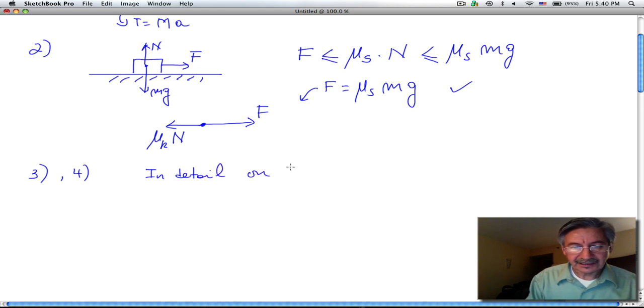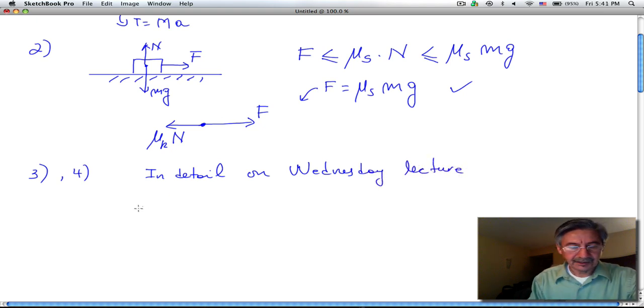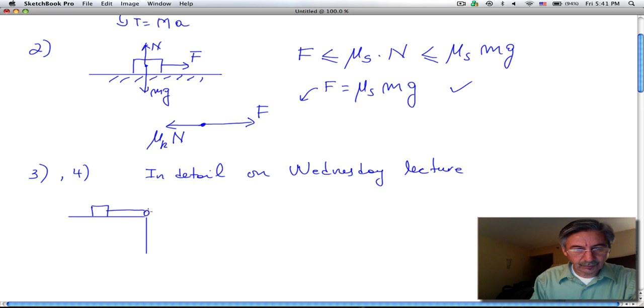If I go to problem number 3 and problem number 4, these problems were done in detail on Wednesday lecture. The identical problem, I first did the case, in lecture, of two masses with one on a horizontal and the other hanging, and with no friction. We did that problem in detail.